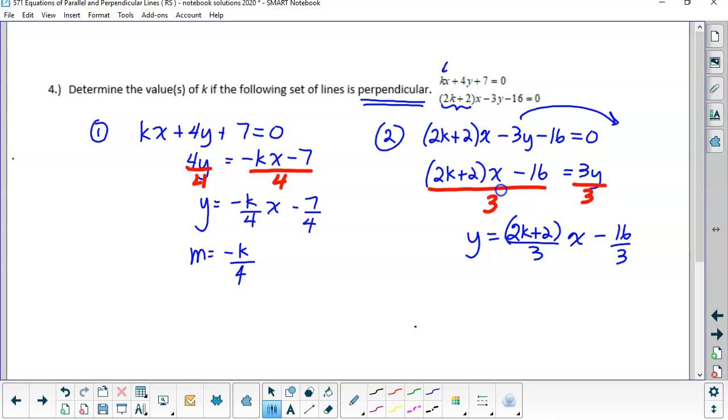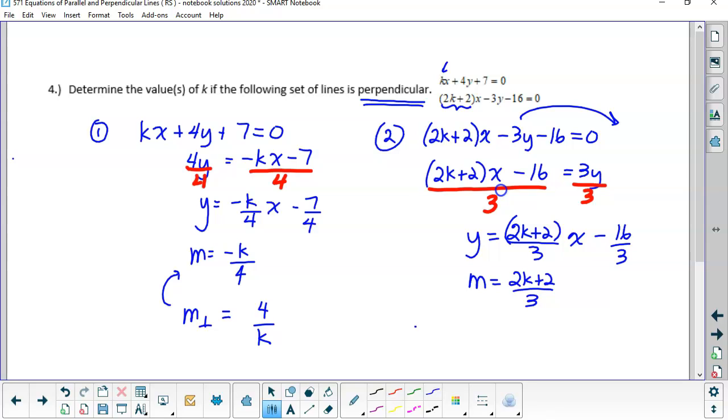All right, so now we're told that these lines are perpendicular. So perpendicular means they are negative reciprocals. So here I'm going to write out my slope here. So these need to be negative reciprocals. So I'm going to find the slope perpendicular to this line. And so I'd flip the fraction, take the reciprocal, change the sign, it would be positive.